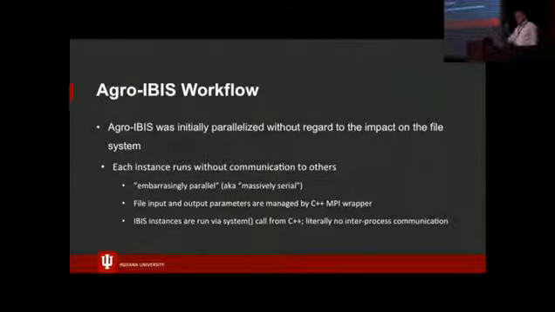So as I mentioned, the application was initially parallelized without much regard to the impact on the file system, and that makes some sense, really. You're looking at a code for a physical simulation, and you're saying, okay, am I making sure that I'm chopping up the problem correctly? Am I missing data? Are the results coming back after I stitch it all back together?